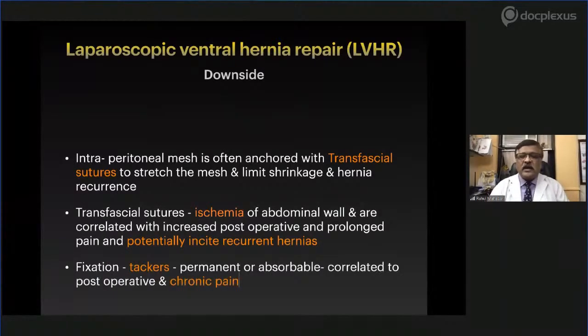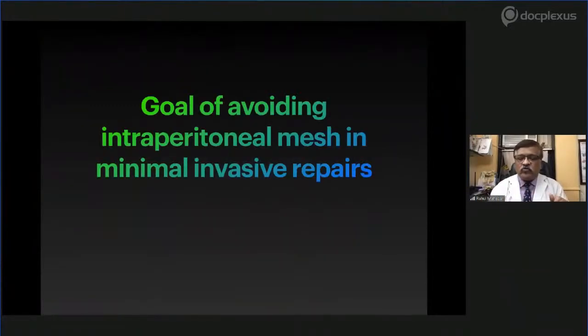So tackers are permanent or absorbable. They are correlated to postoperative pain as well as the cost of the procedure. The goal of avoiding intraperitoneal mesh in minimally invasive repairs motivated hernia specialists across the globe to innovate further.